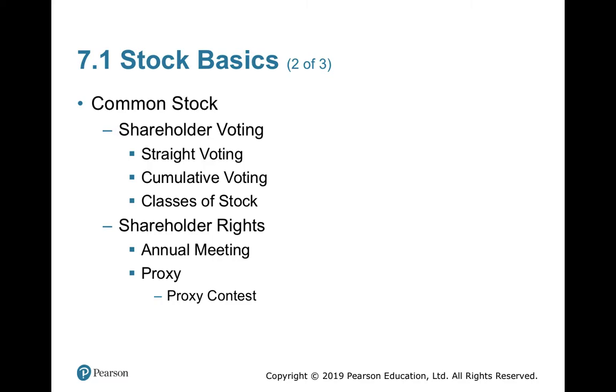In that case, if it is straight voting, Muhammad has 600 votes, Ahmad has 400 votes, and for each director's voting, for example, they will elect 10 directors for the management of the company. For each director, Muhammad will cast 600 votes, Ahmad will cast 400 votes, and in all cases, Muhammad's candidate will win.